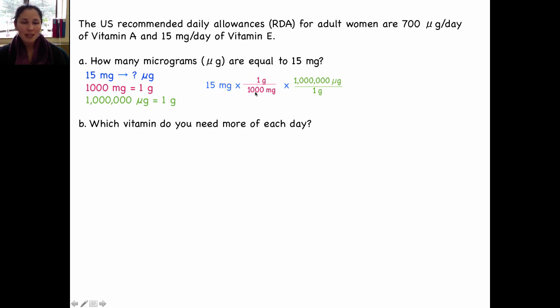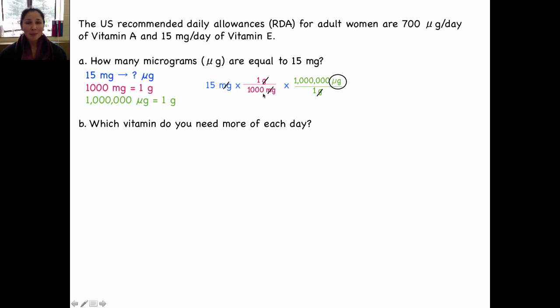Notice that these numbers, since they're equivalent units, should technically be the same as multiplying 15 milligrams times 1, except that I'm changing the units. So when I do this, milligrams would cancel out of the numerator and the denominator, grams will cancel out of the numerator and the denominator, and I will be left with micrograms as my remaining unit.